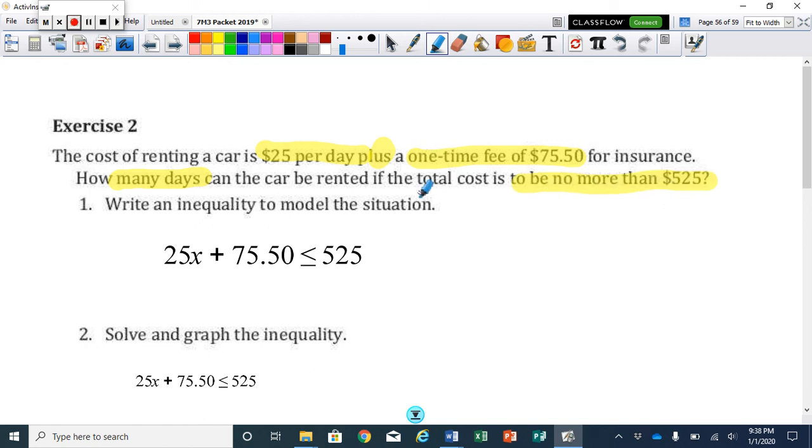So no more than that means you can include that price. So we have $25 per day. That means to multiply. Plus, so we have 25x, so x is days, plus a one-time 75.50 for insurance.